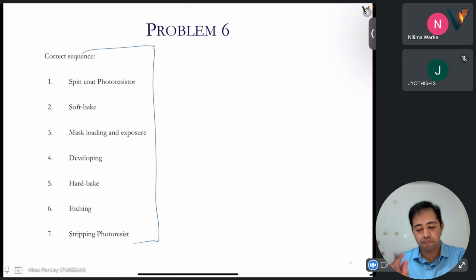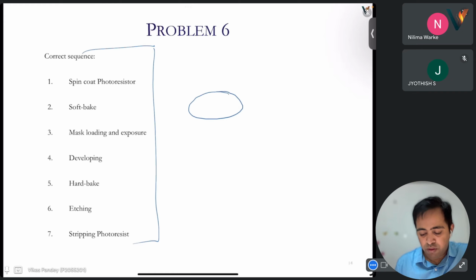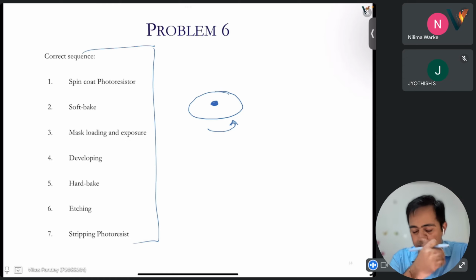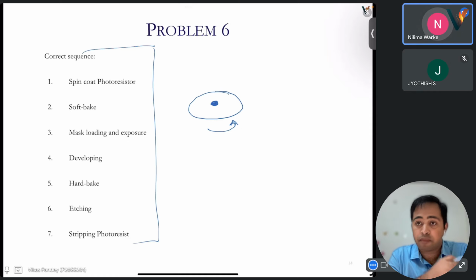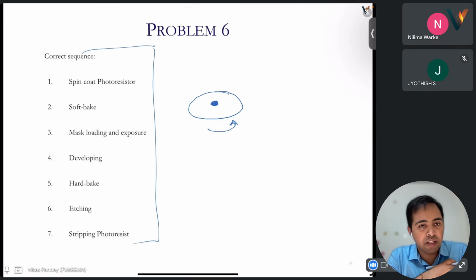Let's understand what is done, then we will check. So on this wafer we pour some photoresist and we spin it at a very high speed. So what will happen when we do this? It will spread and get coated uniformly.